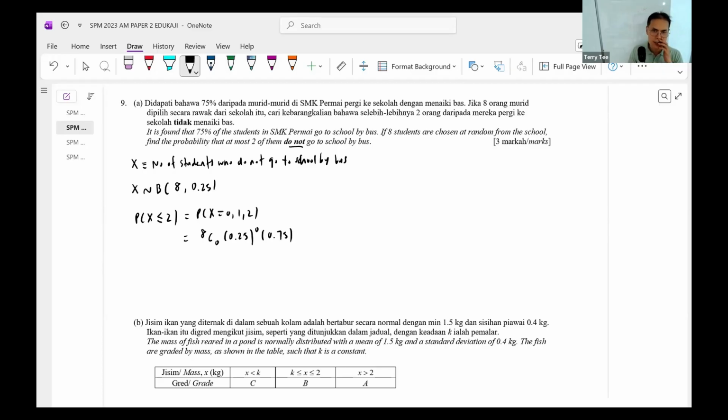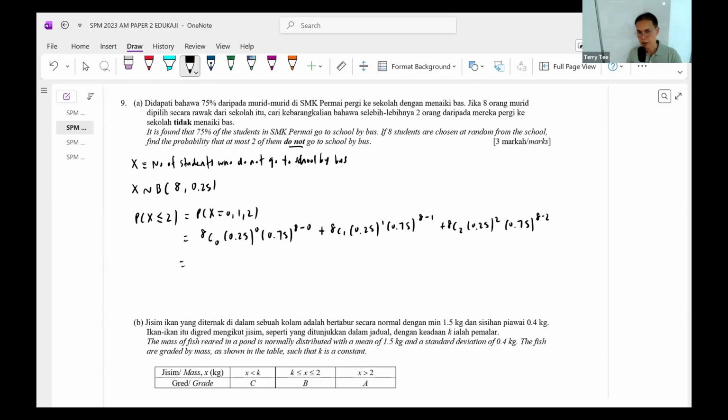Now you have to write this, everyone, like I said before: 8 minus 0. Write the full version. Then 8C1, 0.25 power 1, 0.75 power 8 minus 1, followed by 8C2, 0.25 power 2, 0.75 power 8 minus 2.